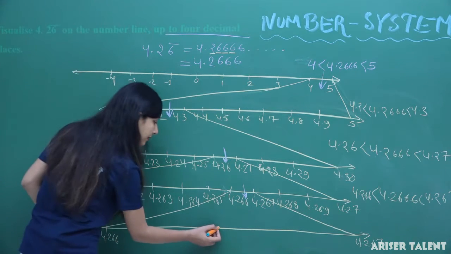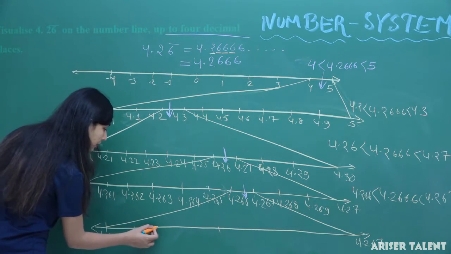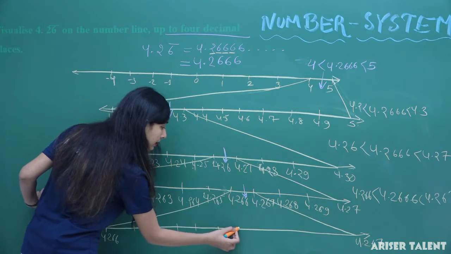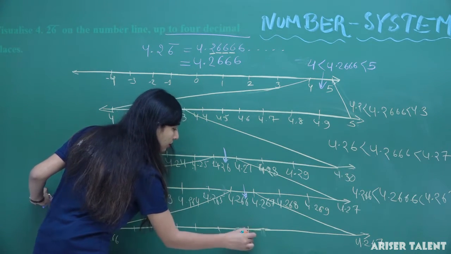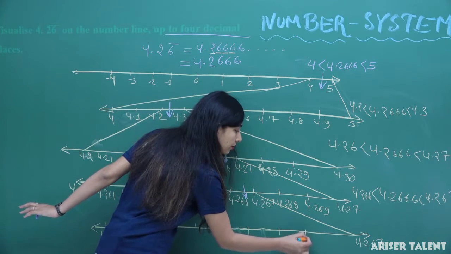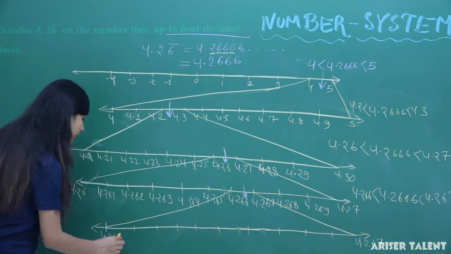So now we will be having 1, 2, 3 and 4, then 1, 2, 3 and 4 here.